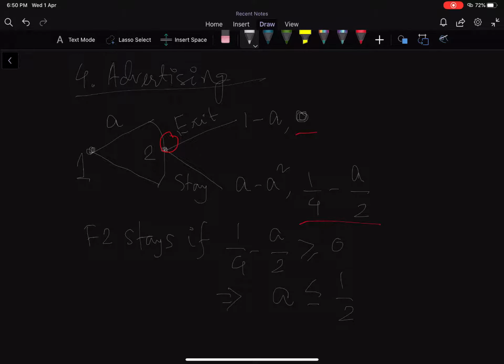If A is equal to half, then it's exactly 0. For all A less than half, that expression is positive, and so firm 2 would stay.